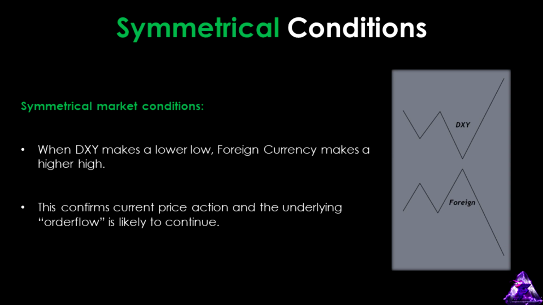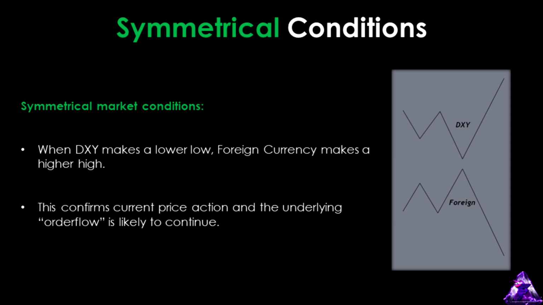But how can we use this idea? For example, in a bullish market structure where we know that the euro versus the US dollar is bullish, we know that it will reject below the lows and break above the highs, consistently moving higher with higher highs and higher lows.